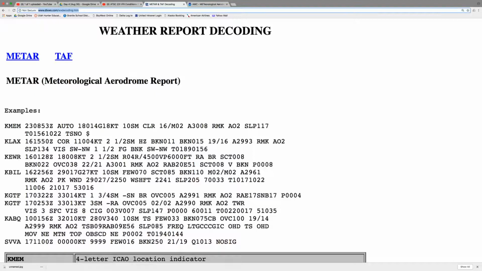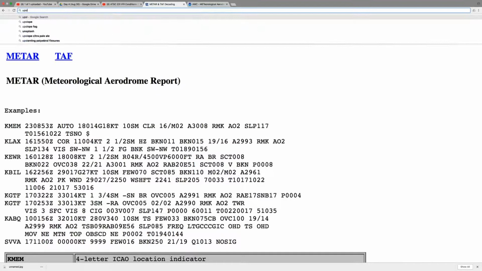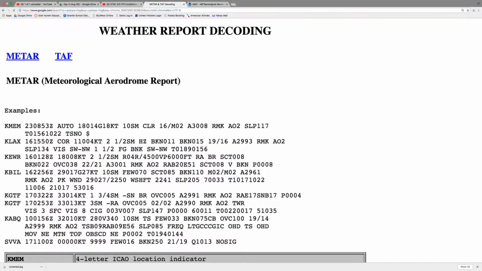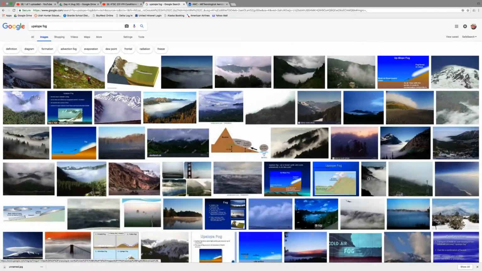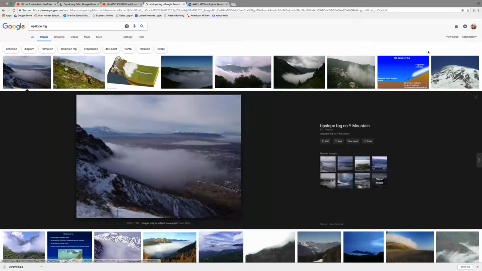So let's see. You can see it, like, here's a good picture of it. On this picture especially, you can see where the temperature and the dew point converged, right?